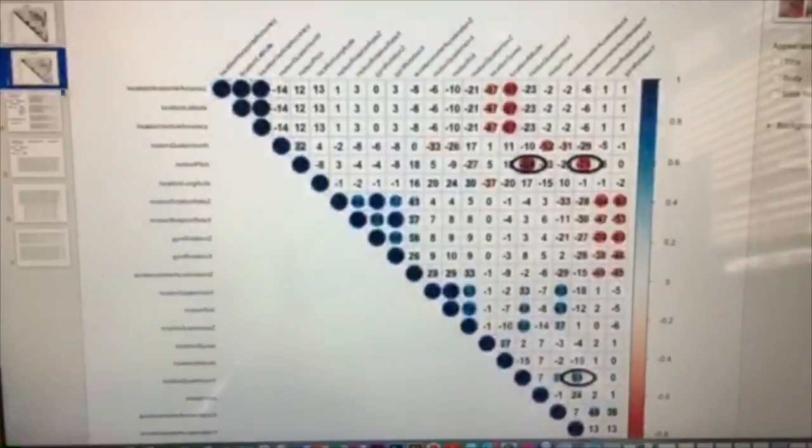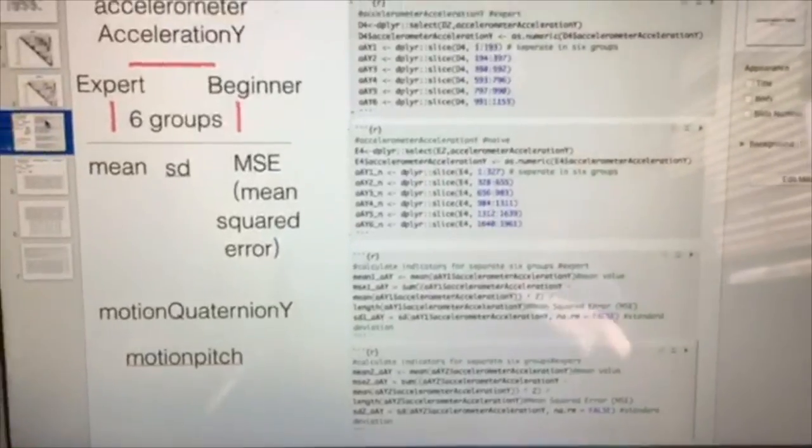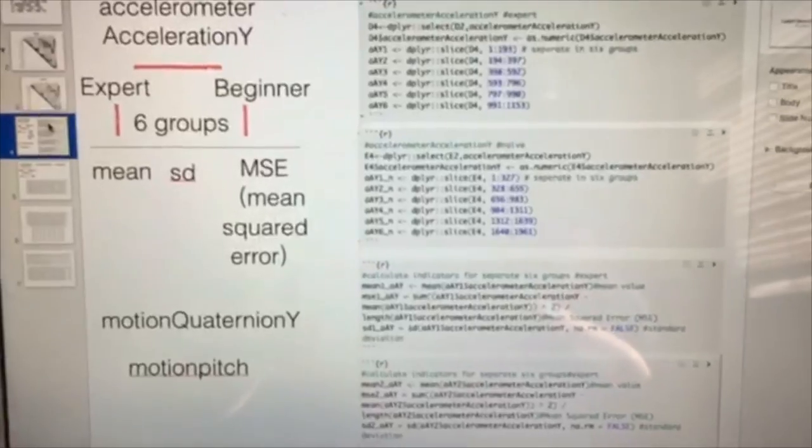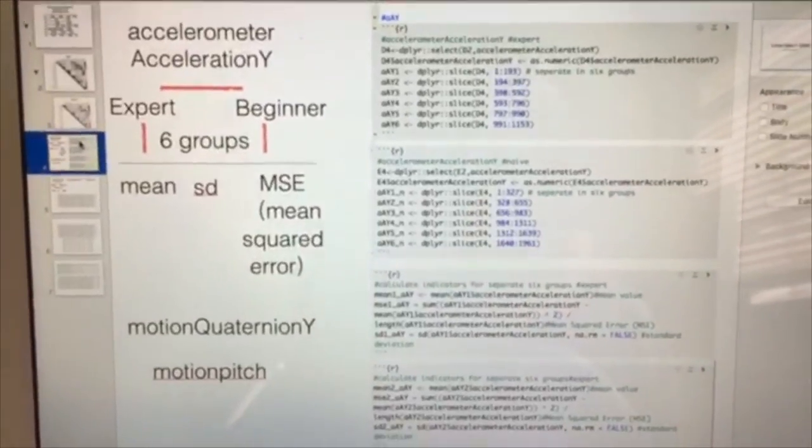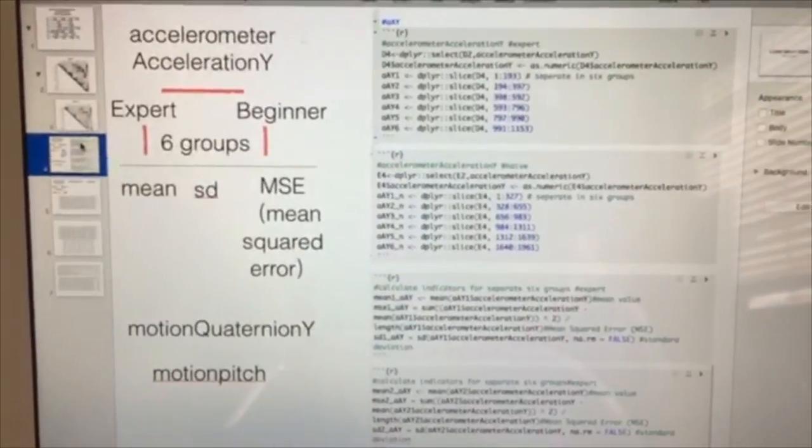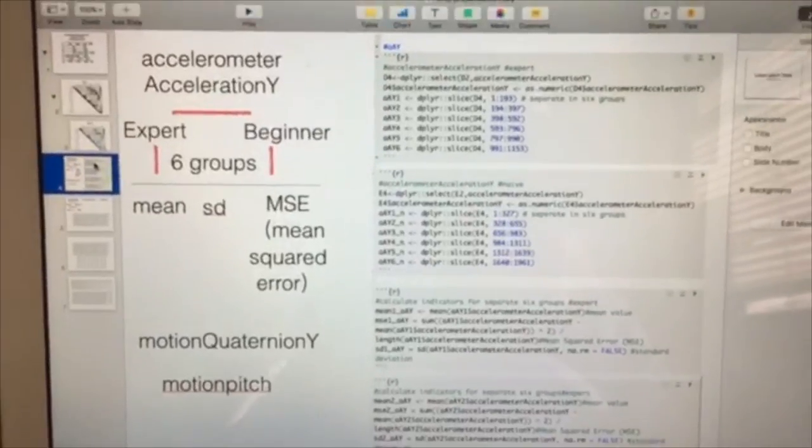Also, I'm wondering how I could use those existing data sets to determine whether a new person is an expert or beginner.